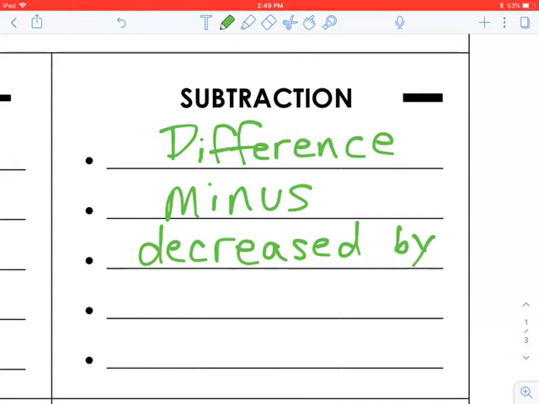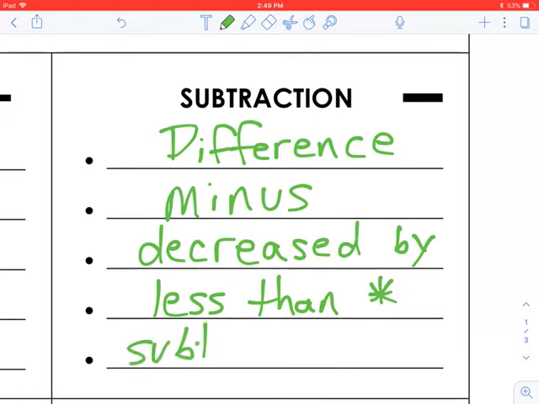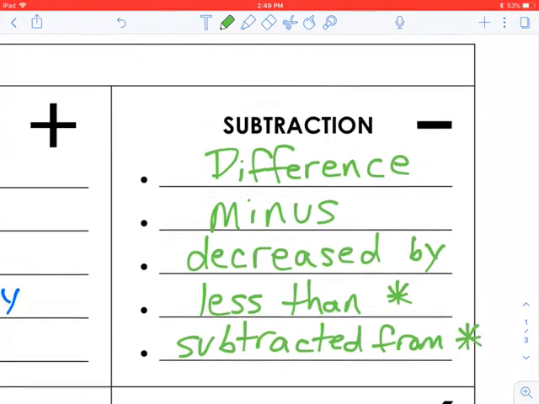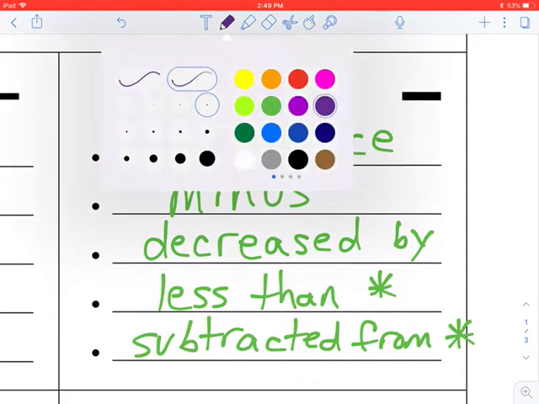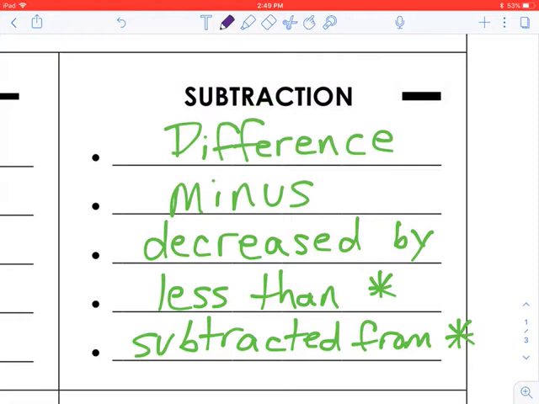And then these last two are kind of special cases. Something like less than. I'm going to star this because these two are called turnaround phrases. Anytime you see these, they are subtraction, but you have to switch the order. For instance, if you have 5 less than something, it's not 5 minus. That's wrong.